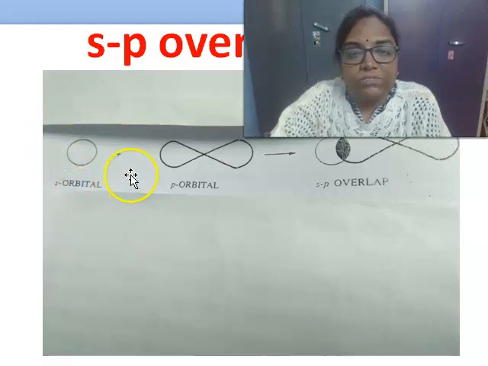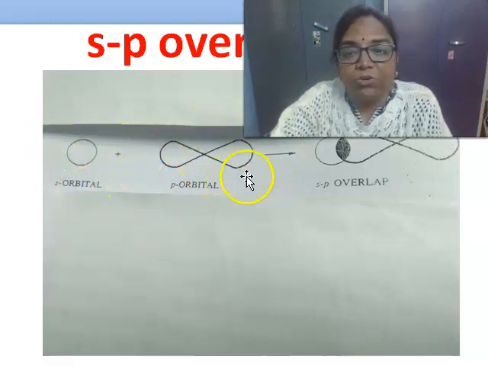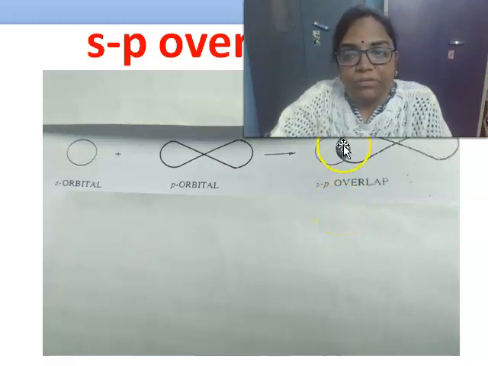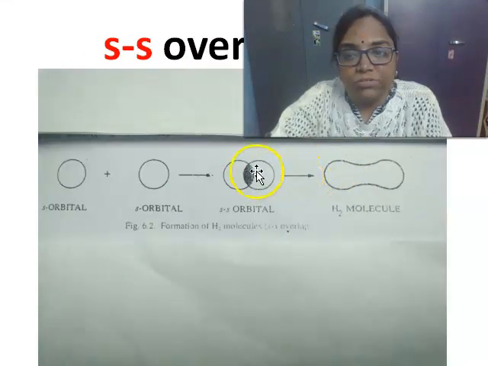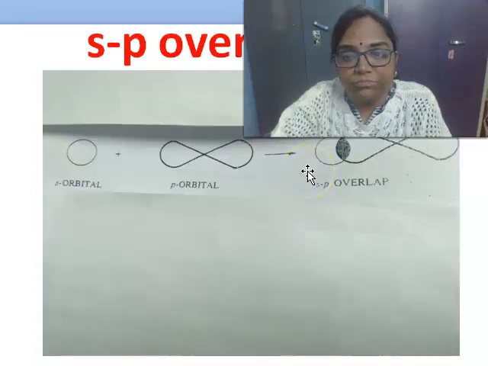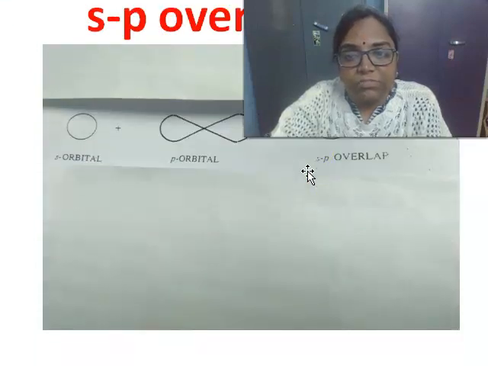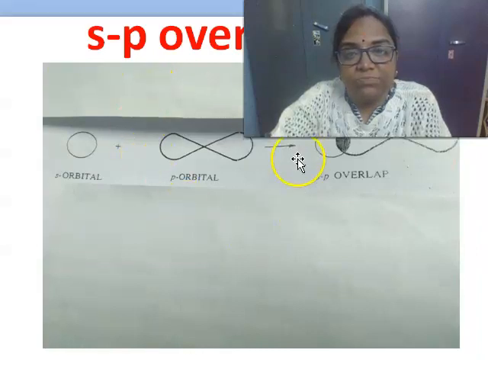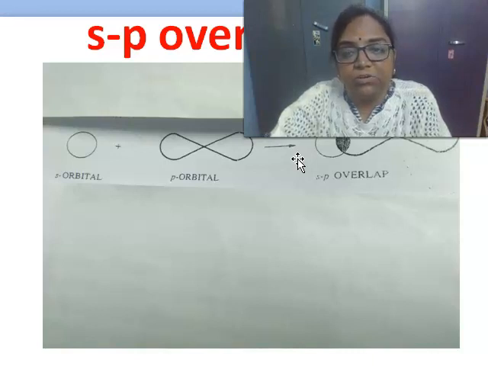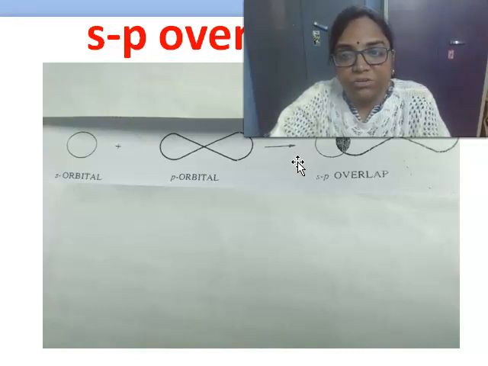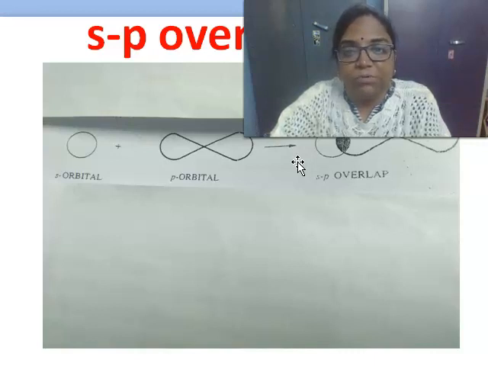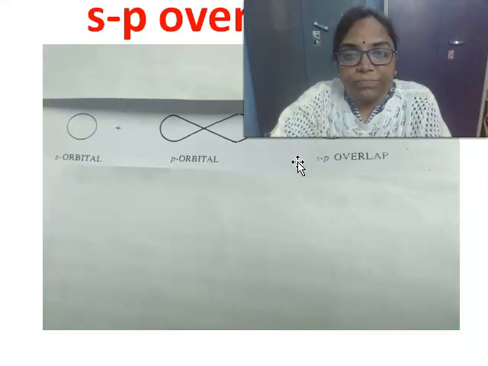Here one s orbital overlapping with a p orbital gives you the s-p overlapping. Here also a sigma bond is formed. The familiar example for s-p overlapping is the formation of HCl, hydrogen chloride.